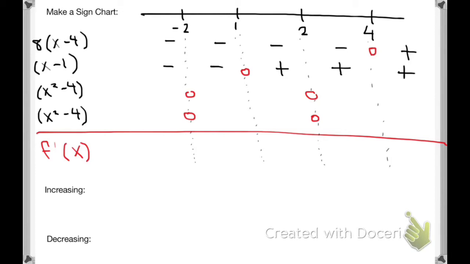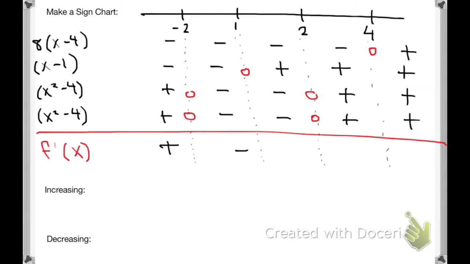And as you can see, what I'm doing here is I'm marking negative signs for when our function is going to give us negative values and positive signs for when our function is going to give us positive values. Now what we're going to do next is multiply and divide these values out as if we were multiplying or dividing real numbers.